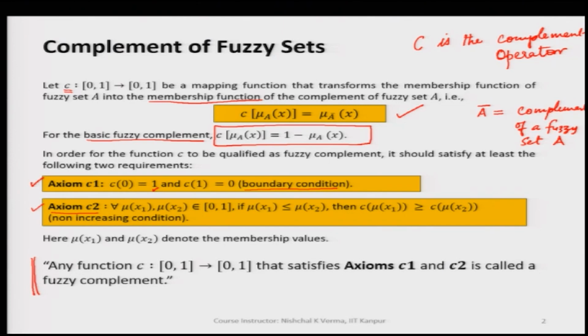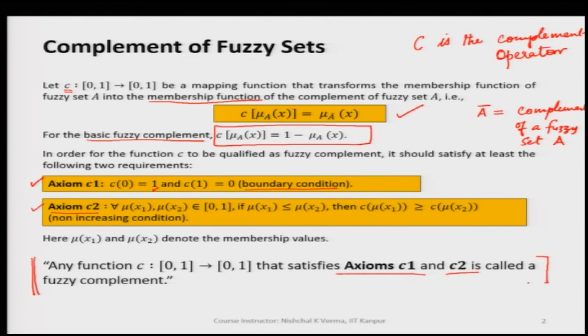If it is applied to some membership value, which is from 0 up to 1, it is going to give again the resulting membership value for the complement fuzzy set from 0 to 1. And of course, the function C should satisfy the axioms C1 and C2.